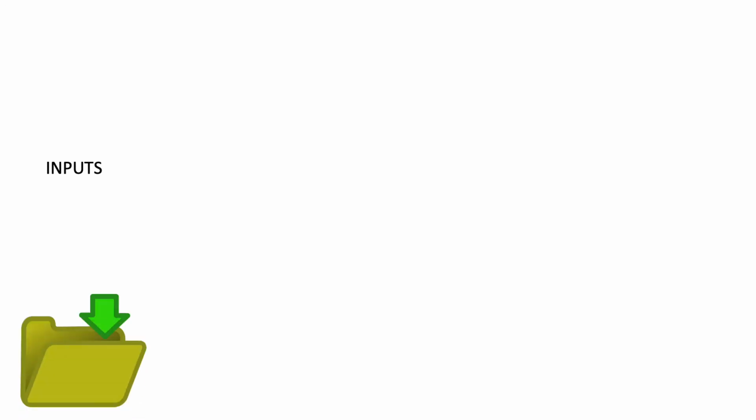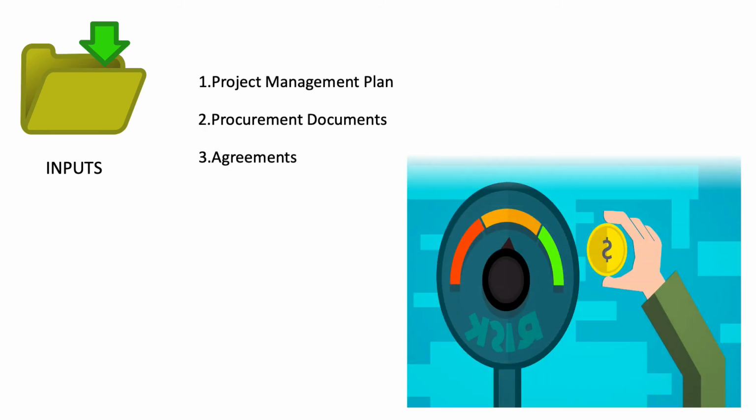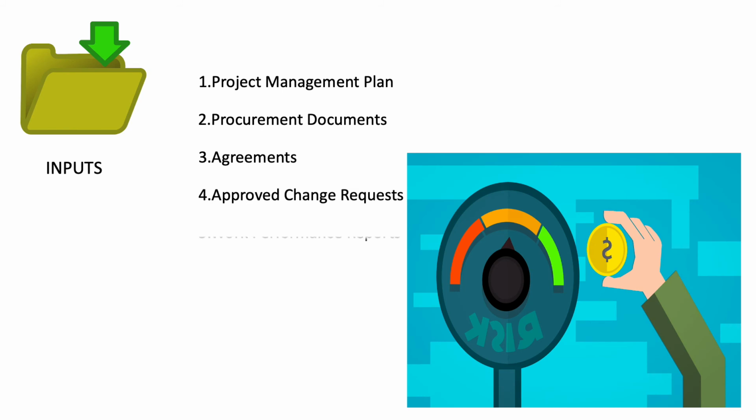Let's move to inputs, tools and technologies and outputs of control procurement management. Inputs consist of project management plan, procurement documents, agreements, approved change requests, work performance reports, work performance data.